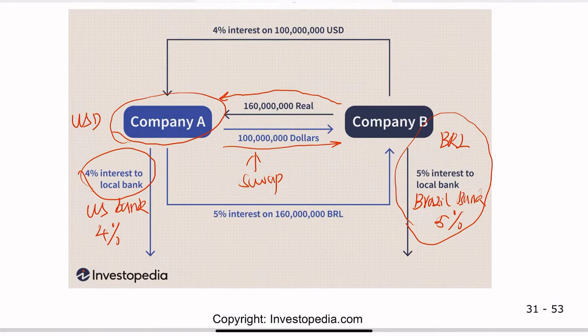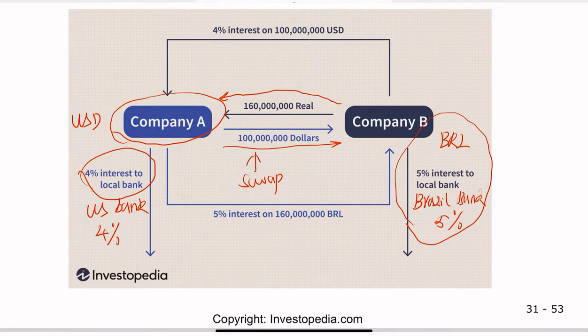And what you can see here is because firm A has borrowed this U.S. debt from a U.S. bank, then it has to pay this 4% interest payment in USD.